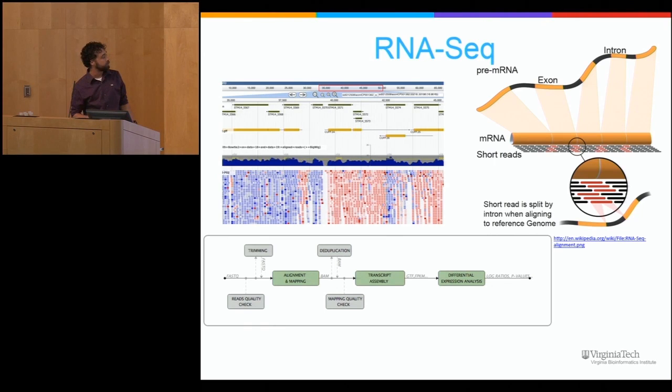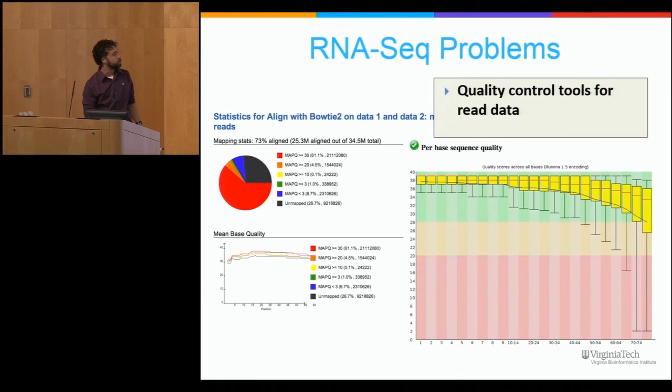So in terms of quality control with respect to their data, a lot of times people will just take their RNA-Seq data, align it to the genome, and they say, oh, okay, now I'm done, now I can see what's happening. And they sort of ignore a common problem, which is the quality of the base calls.